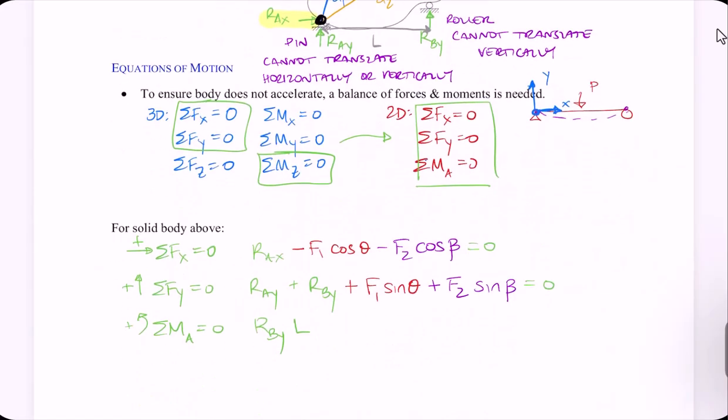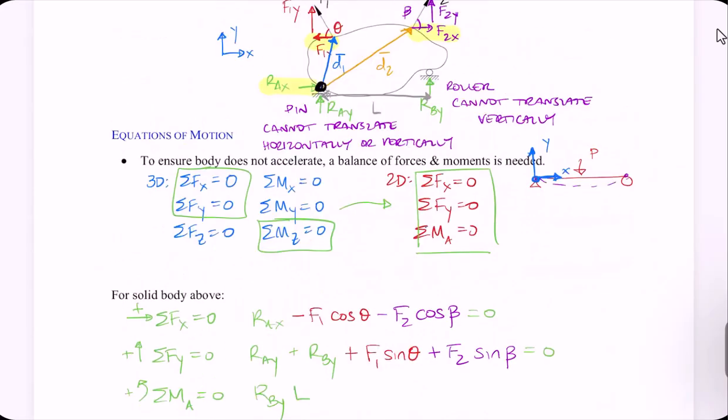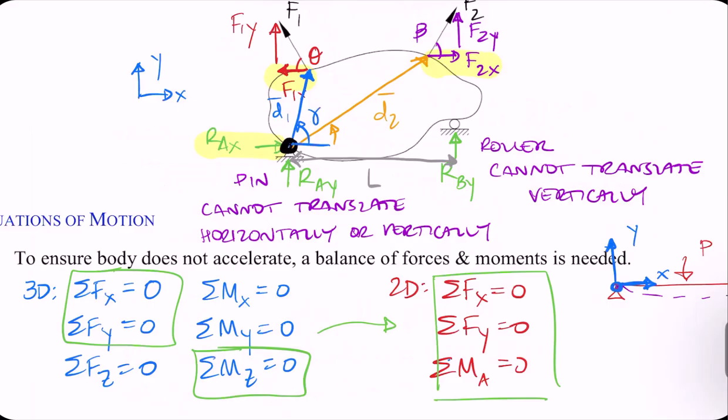Do that component, so I'm going to take F1 in the x direction is my cos theta, and it is going to be multiplied by my D1 vector, and I need an angle for those as well. I'm going to call that one gamma, and this one phi.